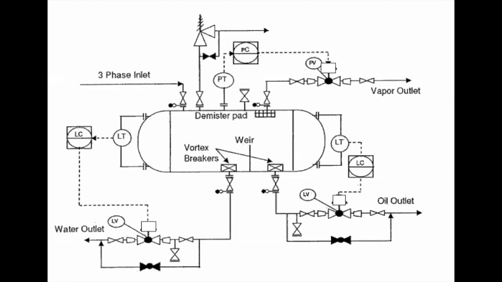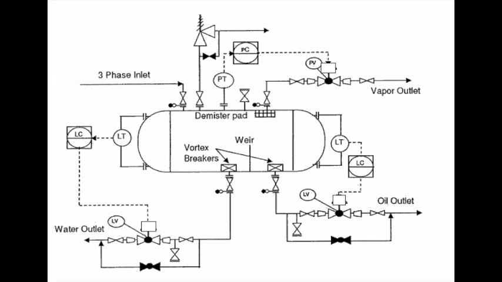In the upper section, you can find PT, which is a pressure transmitter. It sends the signal to a pressure controller that is shown in the DCS. Then the pressure controller sends the electrical signal to the electric valve that controls the flow rate of the vapor outlet.